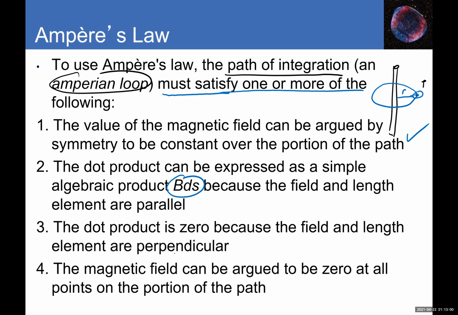Remember it's B ds cosine theta, and theta is 90 degrees for perpendicular vectors, so the dot product is zero. Condition 4: the magnetic field can be argued to be zero at all points on the portion of the path. That means if the dot product is zero, one reason can be that the magnetic field is zero at all points on that portion of the path.